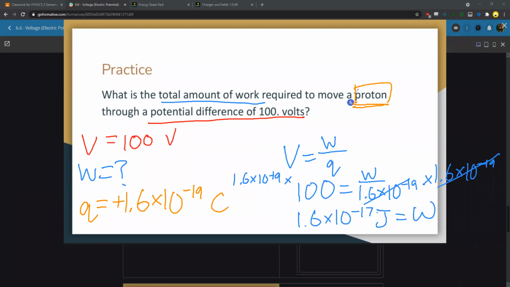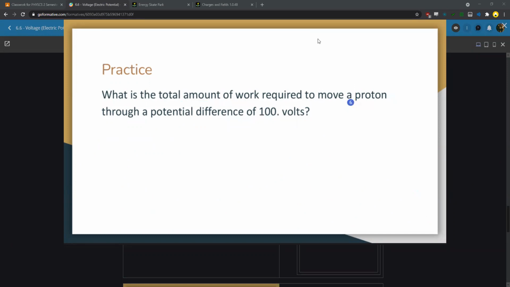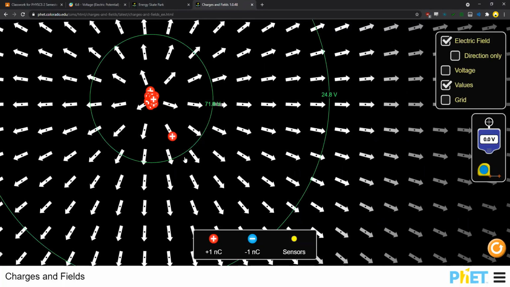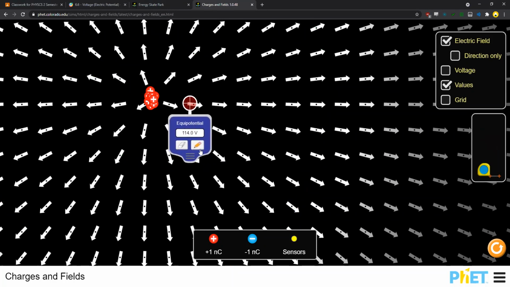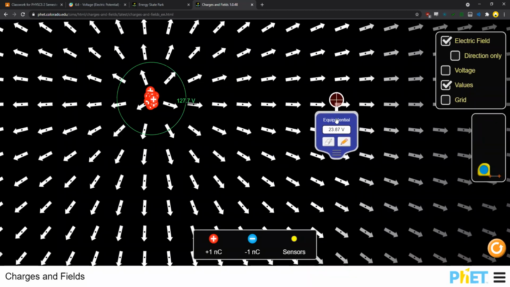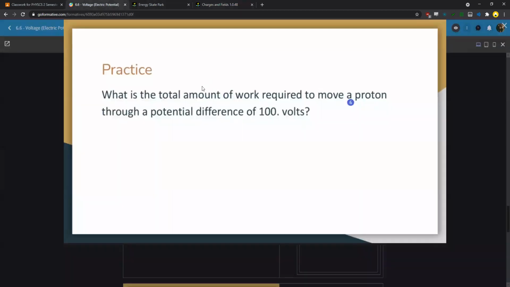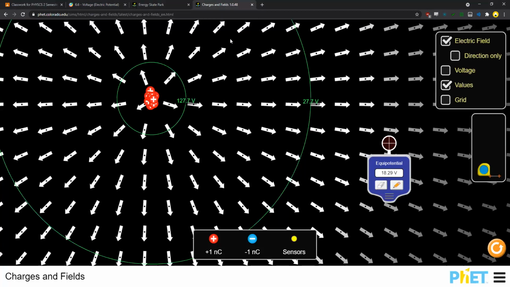All right, guys, I want to move on. I'm going to show you what this looks like on the simulation. So basically the question is, what is the total amount of work required to move a proton through a potential difference of 100 volts?